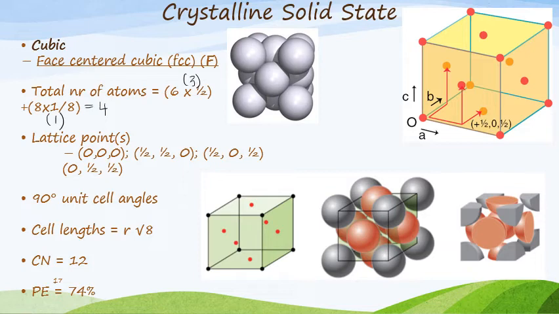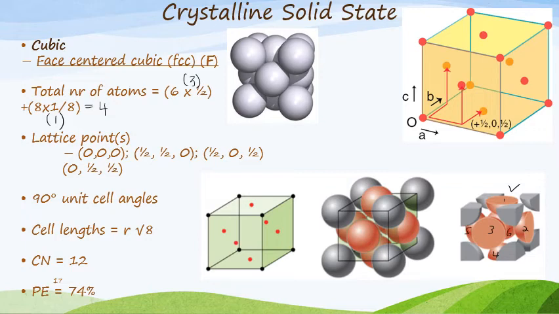How do we get that? Remember that the atoms on the faces contribute 1/2 because they are shared over 2 cells. And there are 6 of them. So if we look in the bottom diagram over here, you will see 1, 2, 3, 4, 5, and 6.